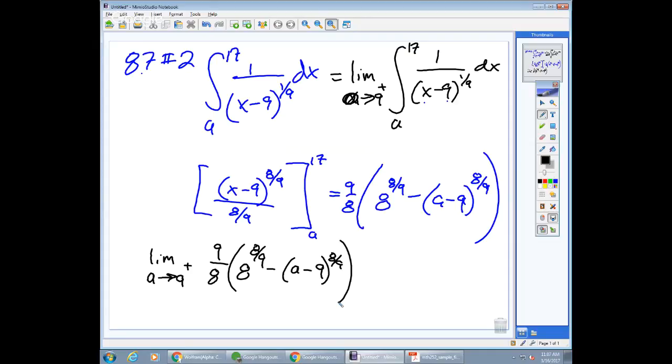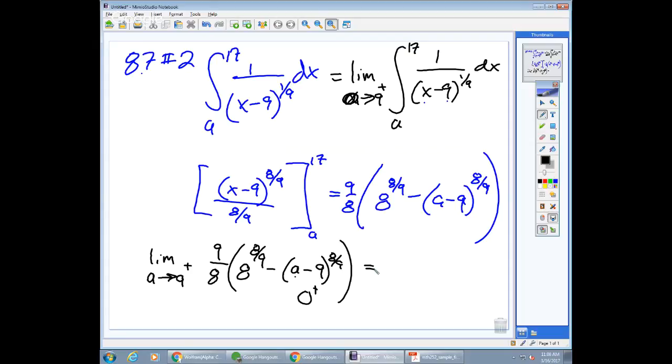What do you think? Do we safely let that go away there? The closer we get to 9, this sucker right here is, let's see, we're always a little bit bigger than 9, so it's going to be a positive number that's getting closer and closer to 0. And 0 to the power 8/9 on any given day is usually 0. Yeah, okay, so it looks like we do have a limit here.